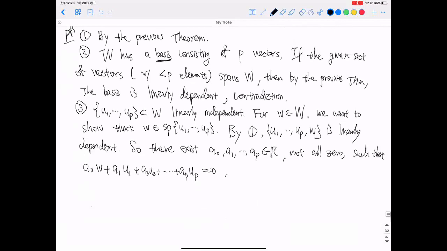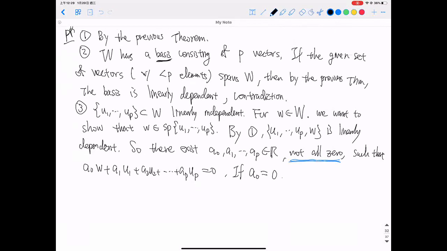Okay, good. So by assumption we know that these A's are not all 0, but we can be more explicit to claim that A0 is not 0. And that is argued as follows.